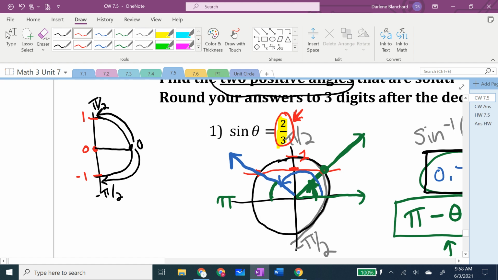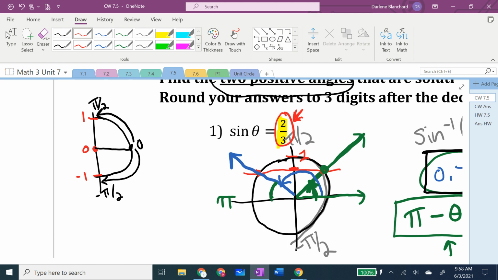Now, let me tell you that if it is equal to 1 or -1, you only get one angle on the entire circle. Those are your exceptions to the rules. And when you get 1 or -1, you're not using a calculator.